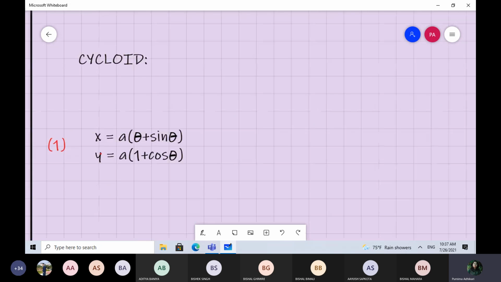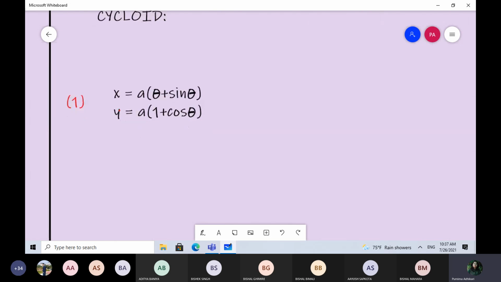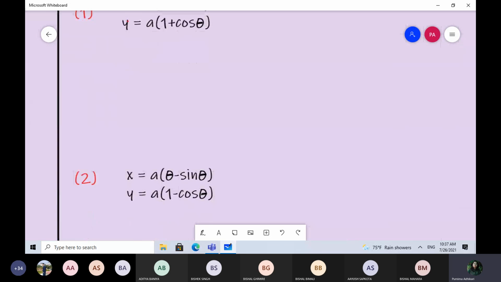This is your first cycloid, x equals a theta plus sine theta, y equals a 1 plus cos theta.